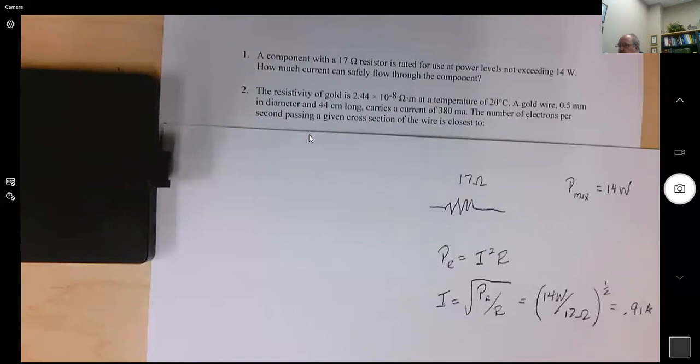So we know what the current is. We know the dimensions of the wire. So we know the cross-sectional area of the wire. And then we can find how many electrons are going through at a given point in time.